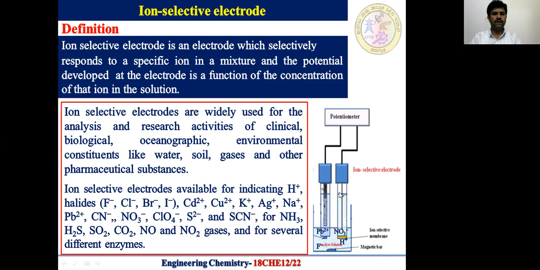So I repeat the definition now again. Ion selective electrode is an electrode which selectively responds to a specific ion in a mixture, and the potential developed at the electrode is a function of the concentration of that ion in the solution.